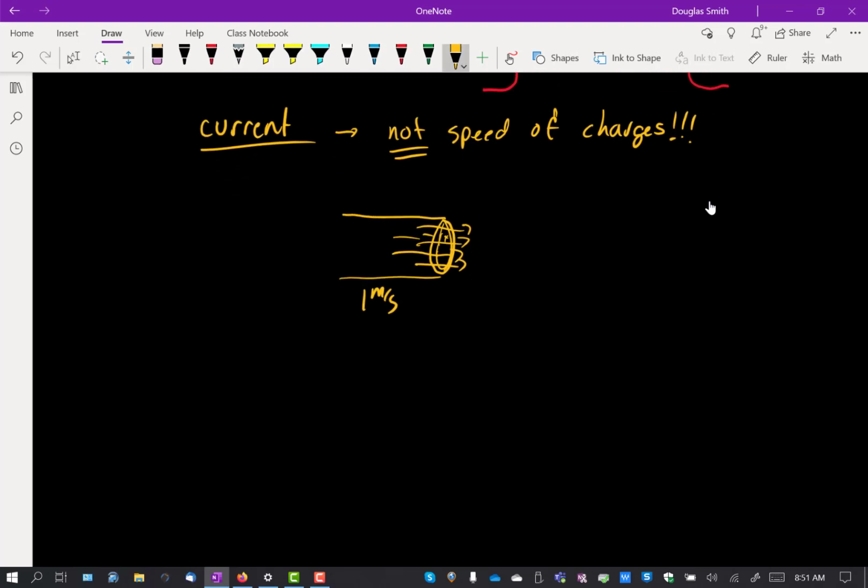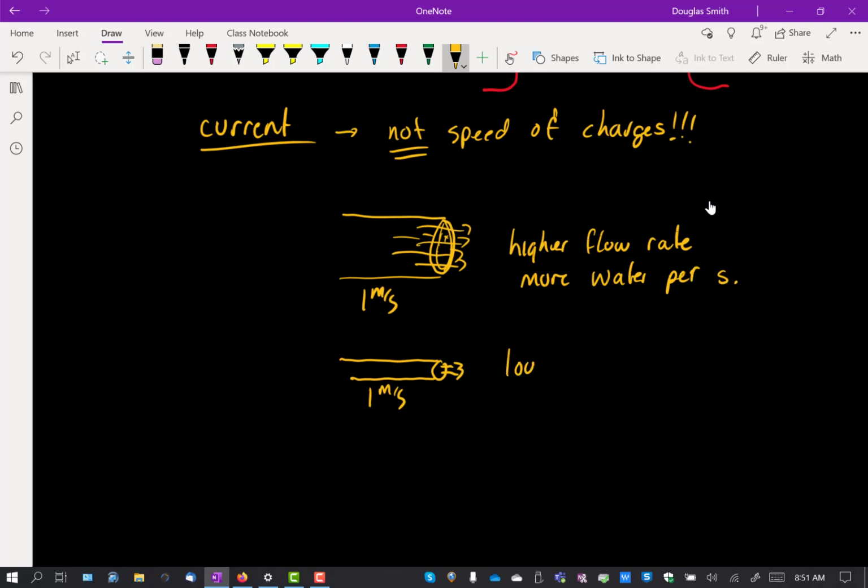On the other hand, if you had a pipe that was this big, with just a little bit of water, but the water itself, the particles, could also be moving at 1 meter per second. This has a higher flow rate, more water per second. This has a lower flow rate.